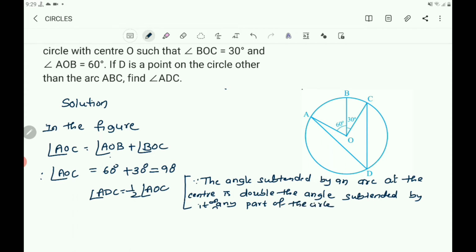So the angle at any part of the circle is half of the angle at the center.